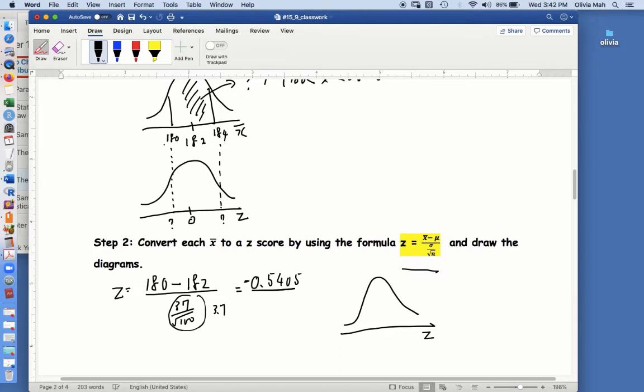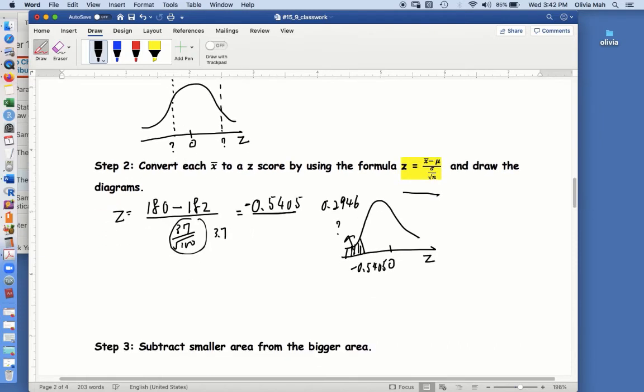The middle point is 0. When z is negative 0.5405, what is the corresponding left area? If you look at your table, this area would be 0.2946.